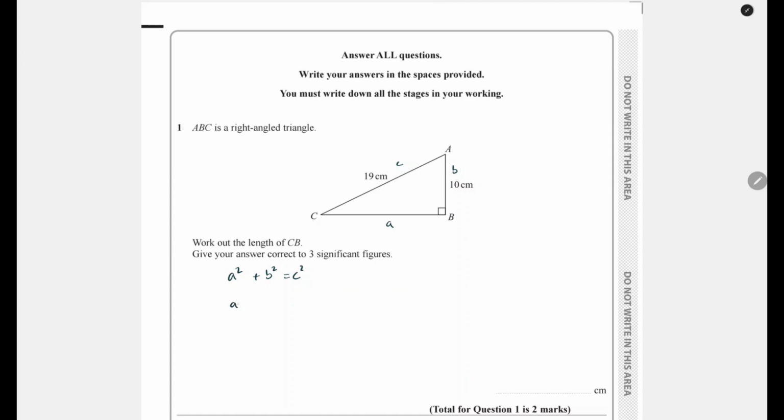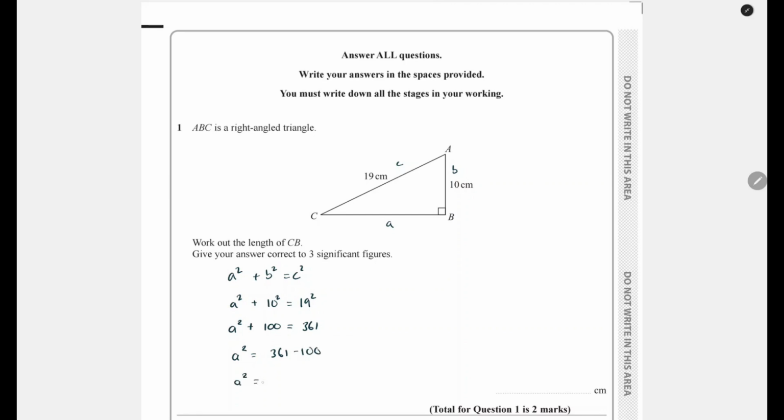A is unknown, so we'll leave it as A. B is 10, so 10 squared, and that's equal to 19 squared. If I solve that, that gives me 100 is equal to 361. Rearranging the equation gives me a squared is equal to 361 minus 100.